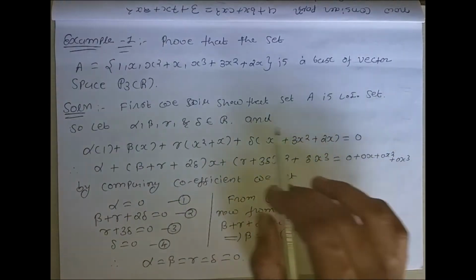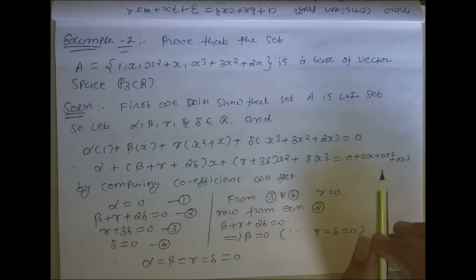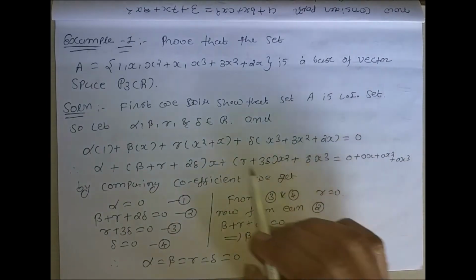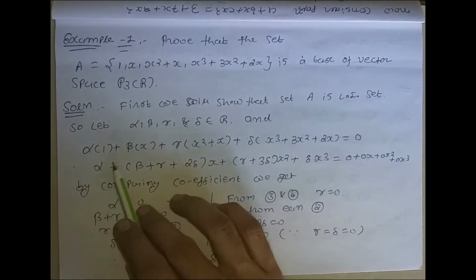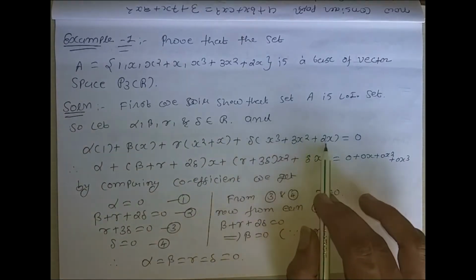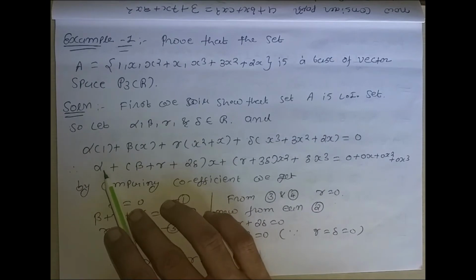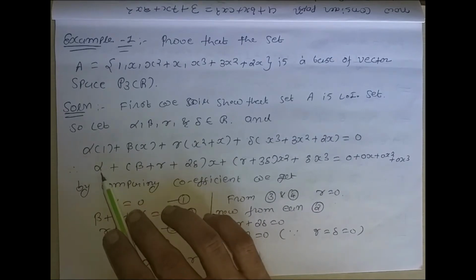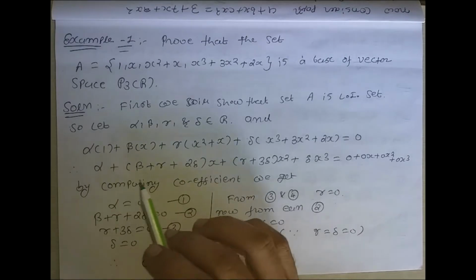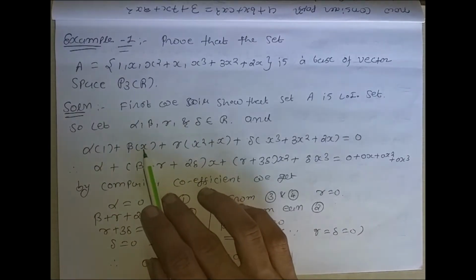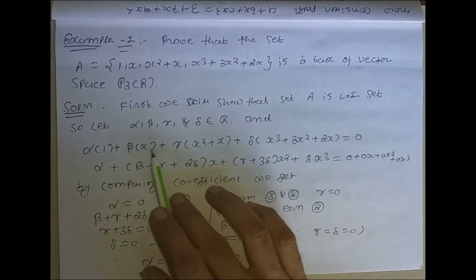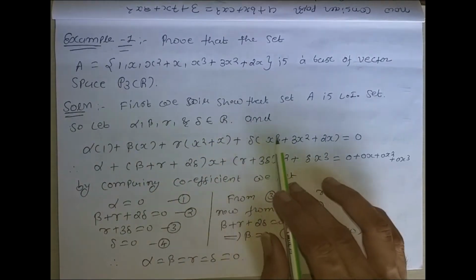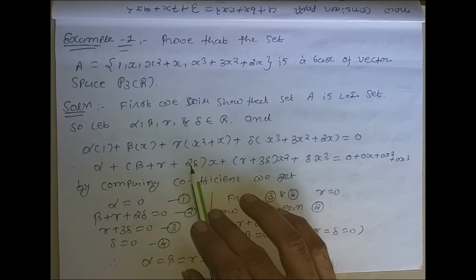Now we collect the coefficient of each power of x. The constant coefficient is alpha. Is there any other constant coefficient? No. So the constant coefficient is alpha. Now the coefficient of x: this is beta, then gamma multiplied with x, so beta plus gamma, and delta multiplied with 2x, so plus 2 delta.